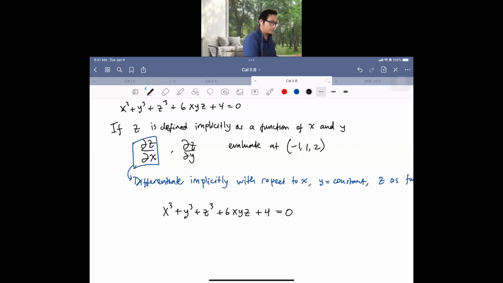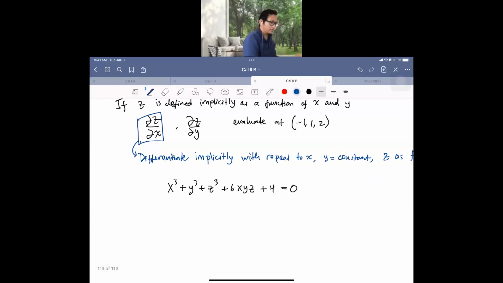Okay. Now first we differentiate with respect to x. So first x is similar to what we have learned in derivatives, so we're just having 3x squared. Now how about the y cubed? Y cubed we treat as a constant, so it will be 0.